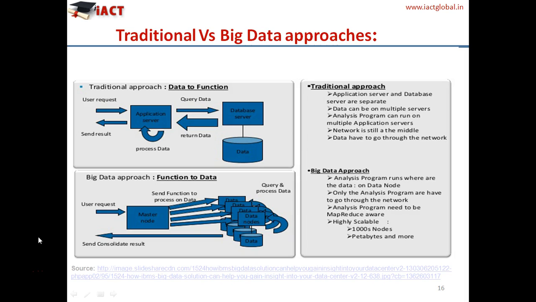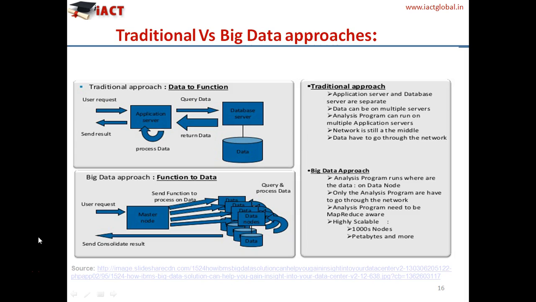The analysis program runs where the data is present on the data node. It's the job of the master node to send the function to process on the data. Only the analysis program has to go through the network, and the analysis program needs to be MapReduce. Let's just remember that we are talking about MapReduce, nothing more. We'll be discussing it later.